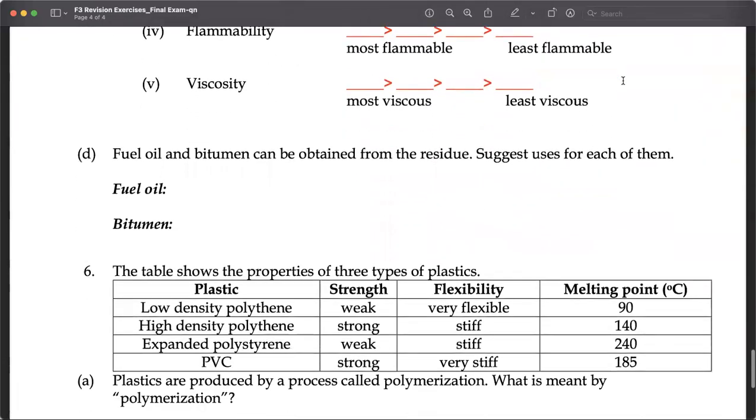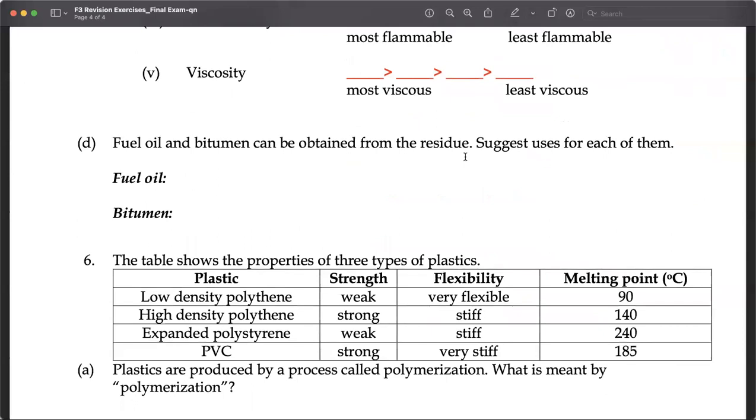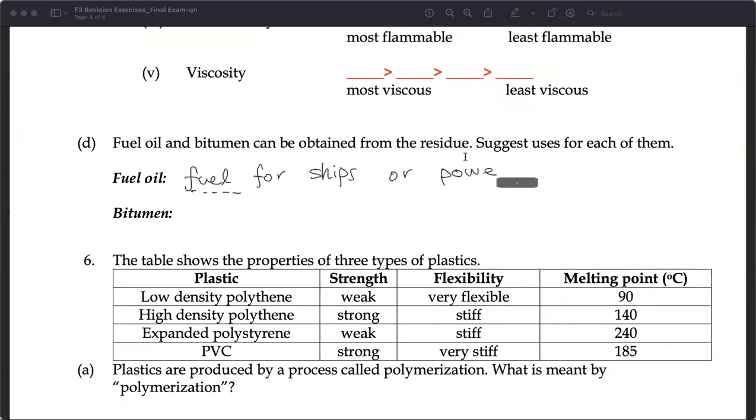Fuel oil can be obtained from the residue. Stage 1 used. Suggest one use for this. Now for the use, fuel oil can be made as fuel for ships. Now don't forget it is a kind of fuel for ships or power plants. But not just saying ships or power plants.